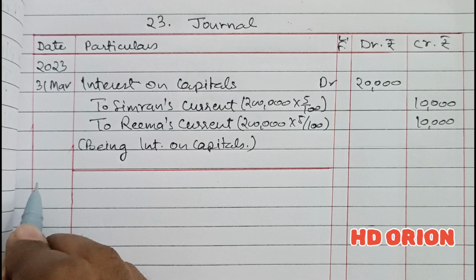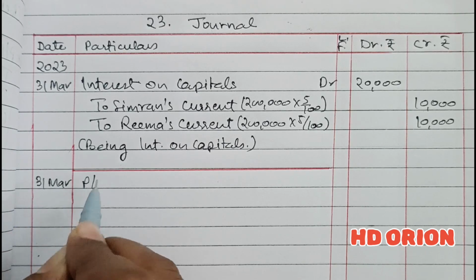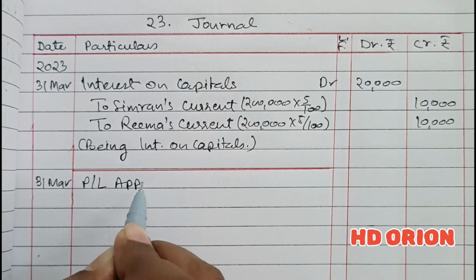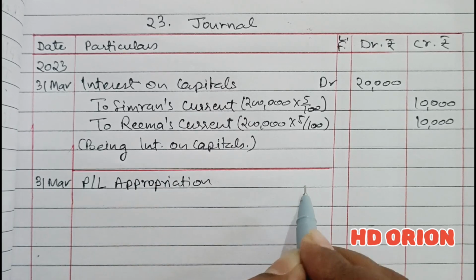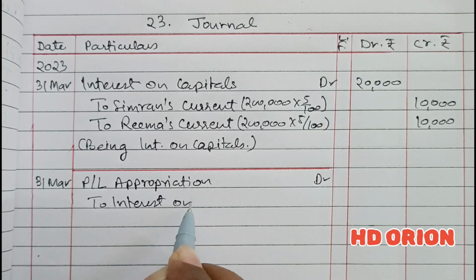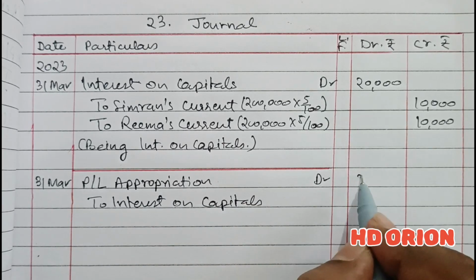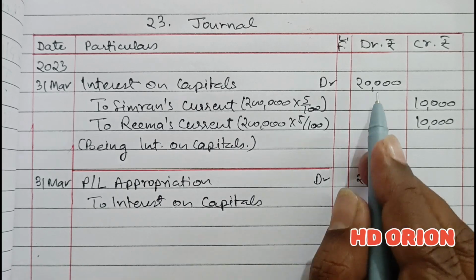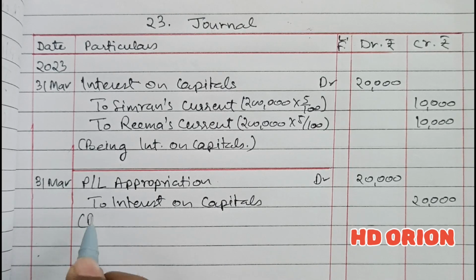Now it will be transferred on the same date. It will be transferred to profit and loss appropriation account. And interest on capital account will be closed. So 20,000, it will close by 20,000 here, being transferred to profit and loss account.